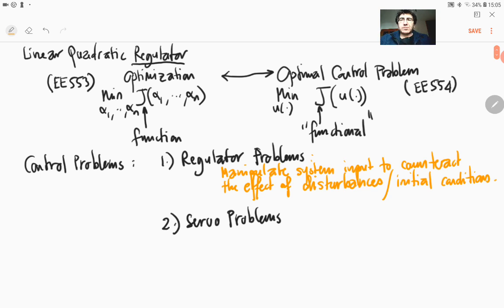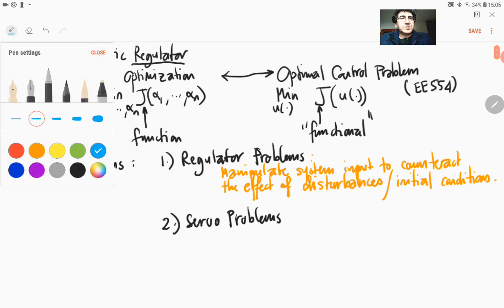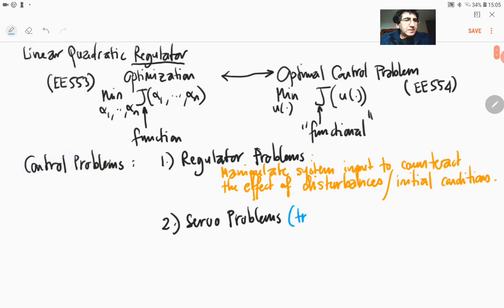Whereas in servo problems, also sometimes known as tracking problems, effectively what you're trying to do is to follow an input.